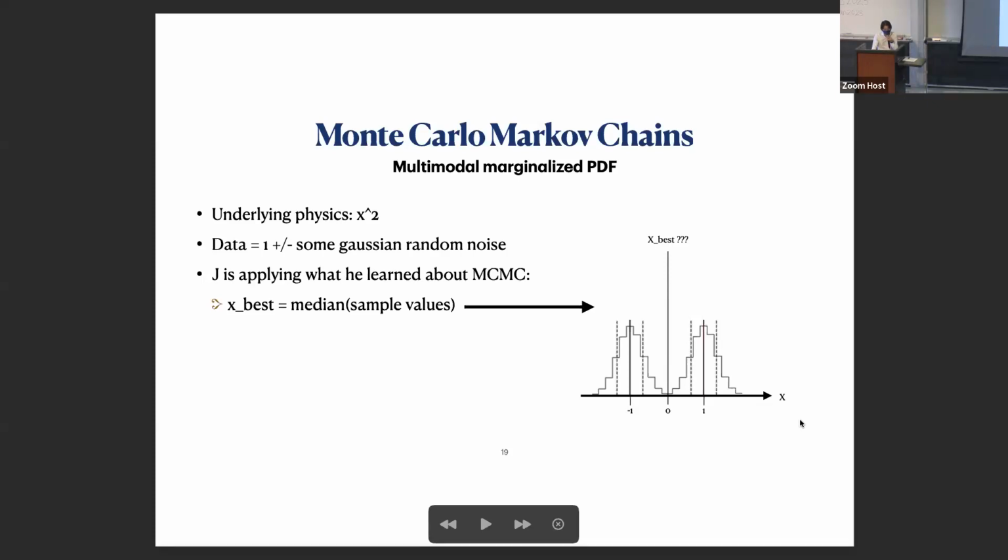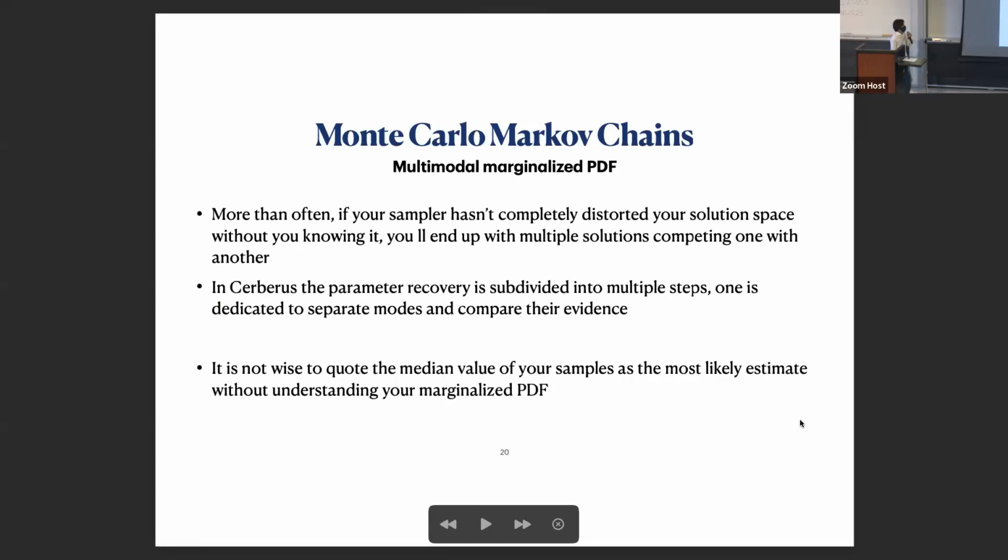That's something to think about when you're looking at your marginalized PDF. And another issue with the nested sampler is that usually, if you don't set things properly, the PDF looks Gaussian. So people are happy. But the problem is it looks Gaussian because you didn't initialize your Fisher matrix properly to start with. So it just goes into a solution, thinks it's a good solution, and stays there.